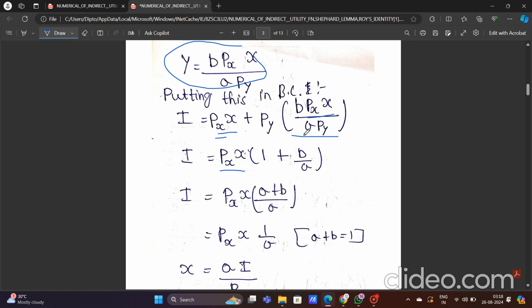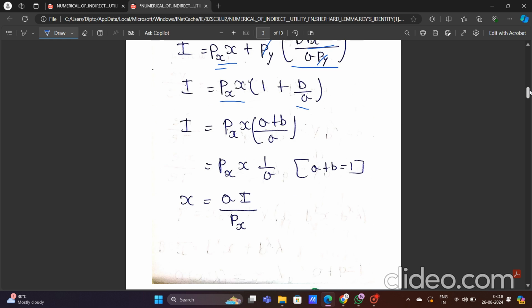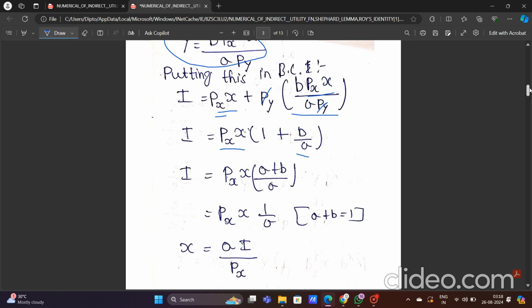And the py and py are not present anymore because they are ruled out. So now we will have px into x into 1 plus b by a. If we take the LCM of a and do the addition, we will get a plus b by a.